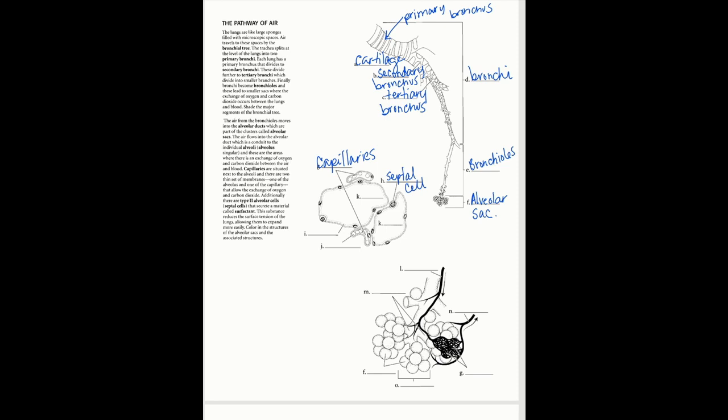The actual sac region is the alveolus, if you're talking about one. And then, I'm not sure if you can see it. I'm going to go ahead and just try and draw it myself. We have this dashed line here.